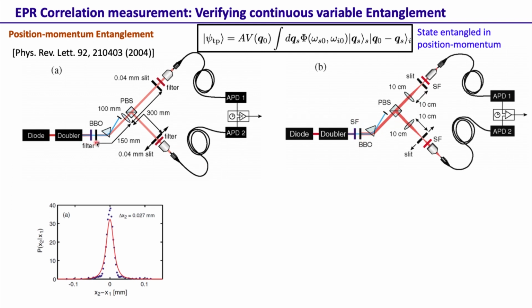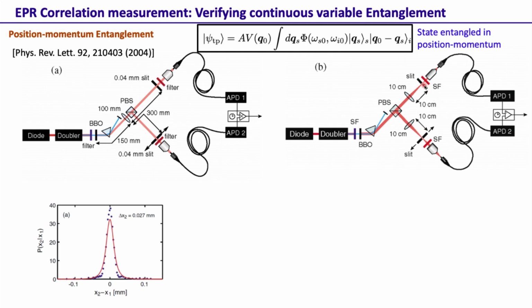In this one we looked at the position distribution of the wave function over here, and in this one we want to look at the momentum distribution of the wave function over here, which is by going to the far field. So once we are in the far field, the position distribution here is essentially the momentum distribution at this plane.